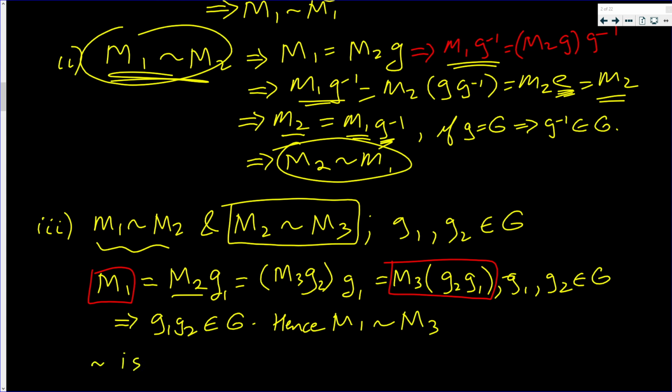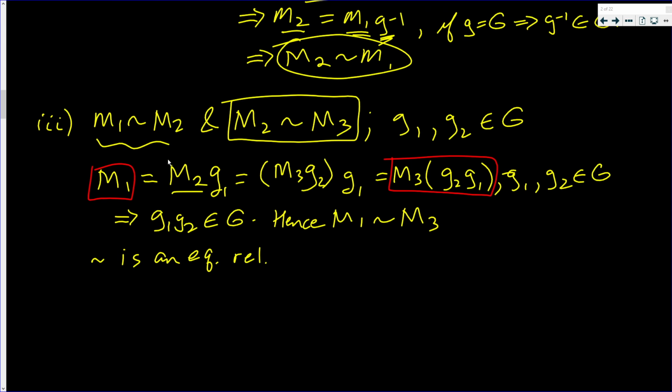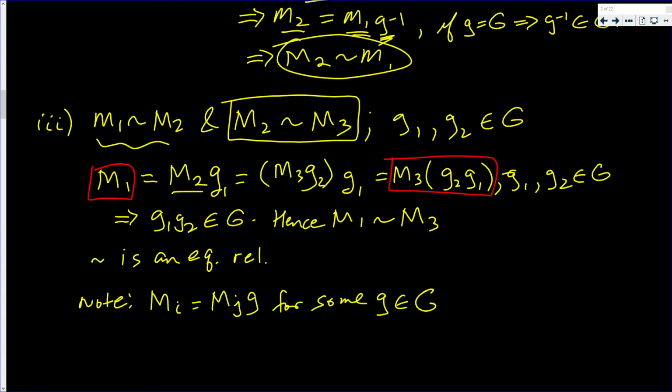Tilde is an equivalent relation. So, just a note that Mi is equal to Mj times G for some G in the group.